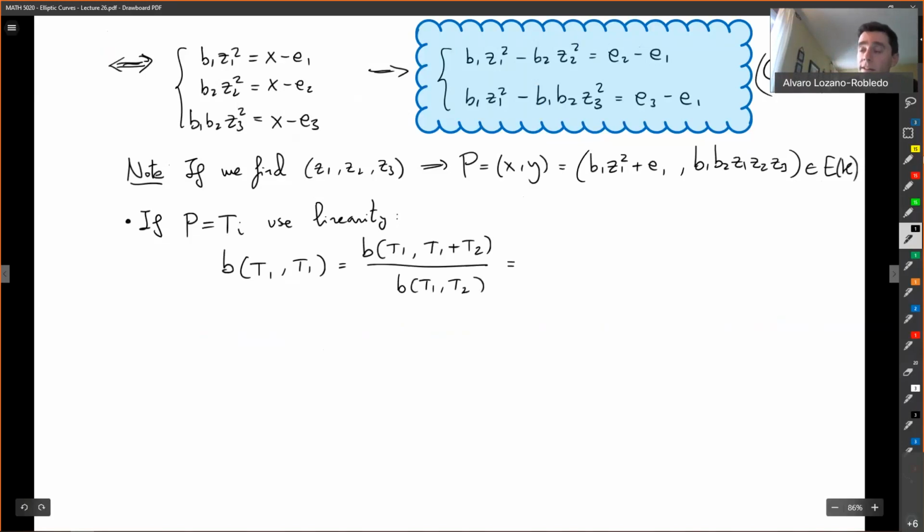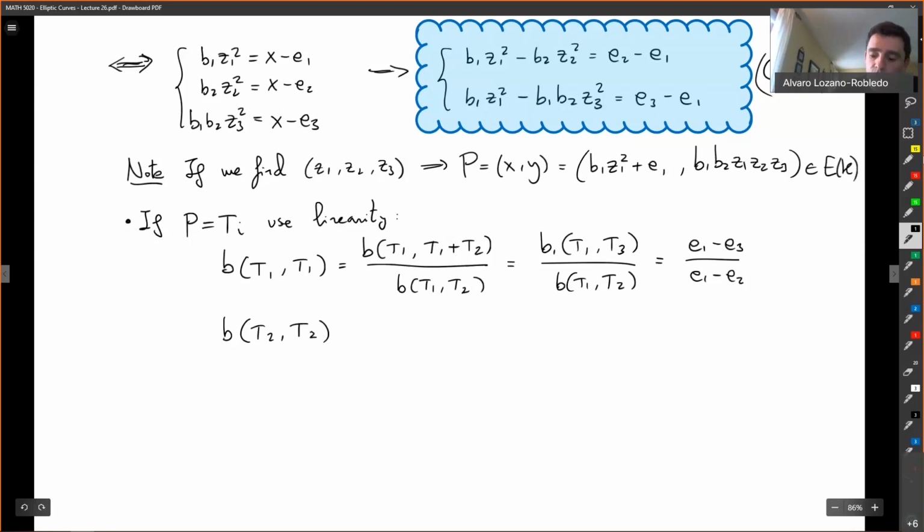And this is B of T1, T3 over B of T1, T2, because T1 plus T2 is the third non-trivial two torsion point. Now I can compute those because it's not a repetition T1, T1, and this is E1 minus E3 over E1 minus E2. And similarly for B of T2, T2, the formula is E2 minus E3 over E2 minus E1.